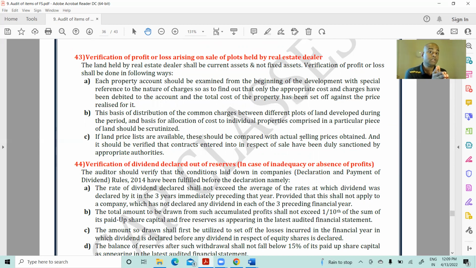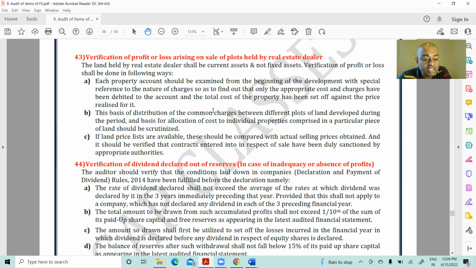For example, you bought one old house and you demolished it, you developed it, you have done all the land leveling. So that 42 lakhs should be added to this. Now, when you sold it for 1 crore 75 lakhs, it is not 1 crore which is to be reduced. It is 1 crore plus incidental expenses of 42 lakhs you need to reduce. That is what they are saying in this para. You understand?